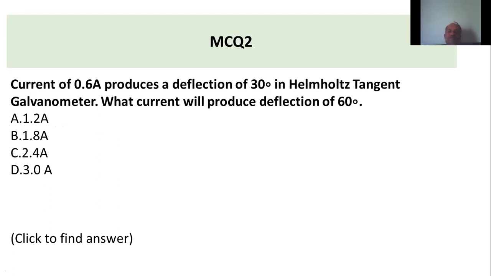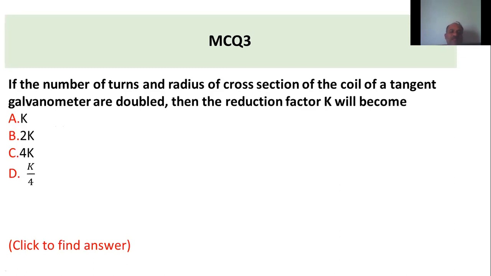What current will produce a deflection of 60 degrees? This is a small problem that can be worked out separately, and the answer is 1.8 amperes.